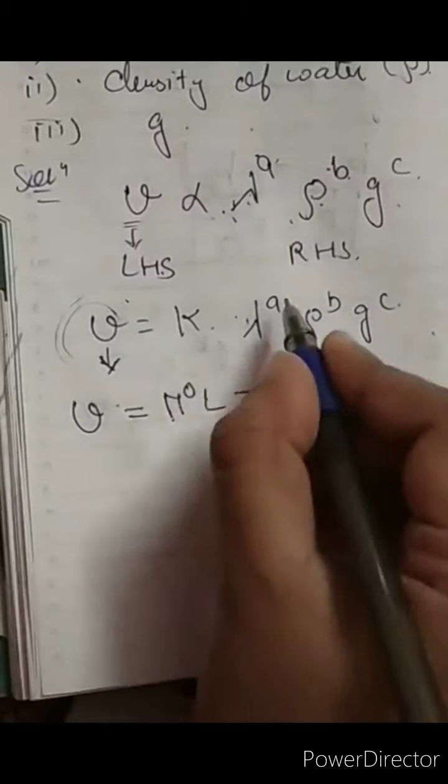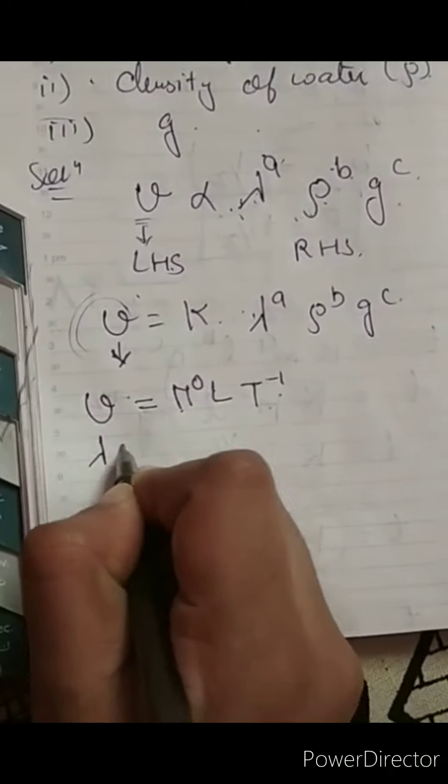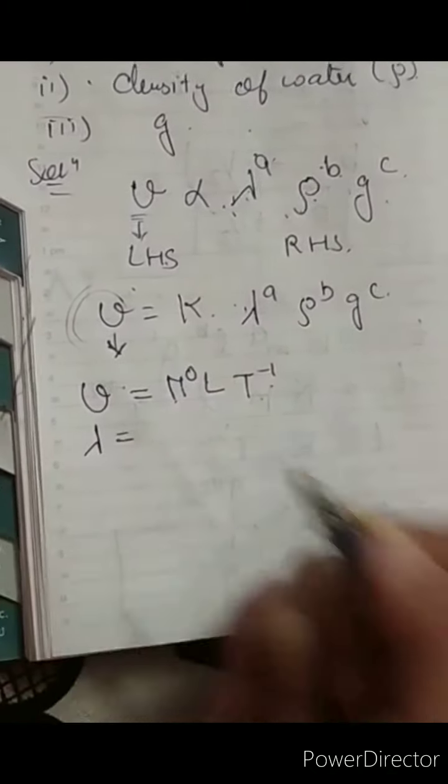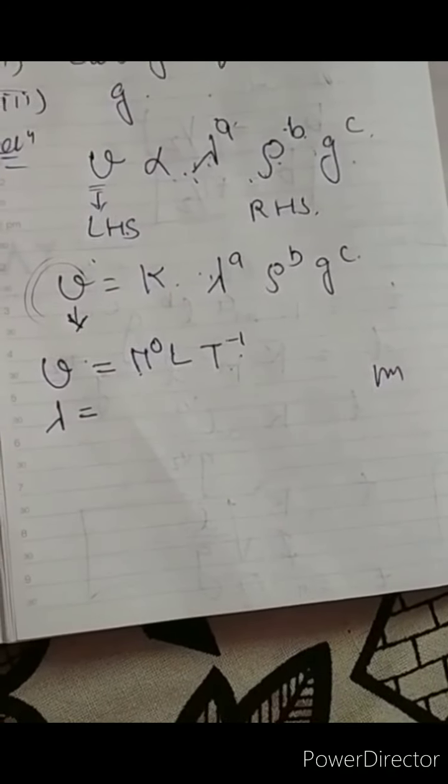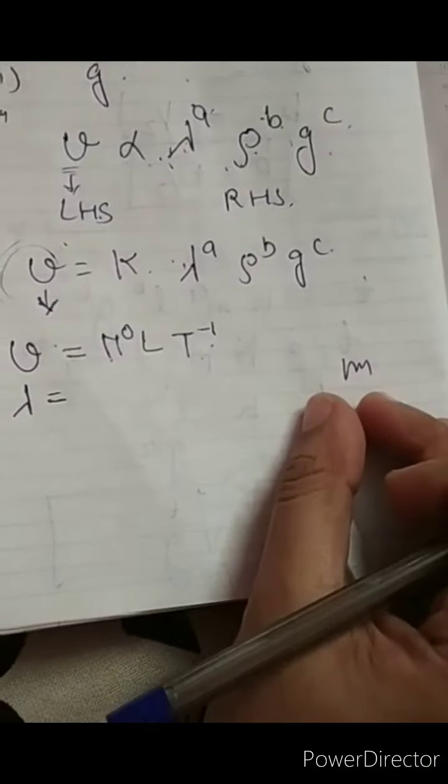What about lambda? Lambda is wavelength. Wavelength will be in terms of meter, right? The SI unit is meter, centimeter, but the SI unit is meter. This is in terms of length.